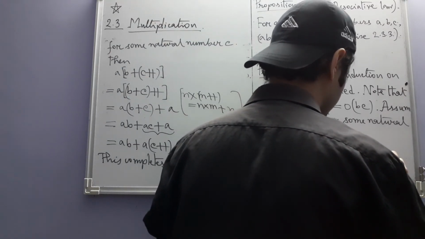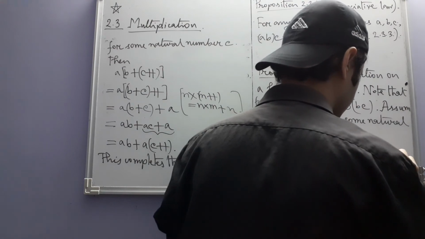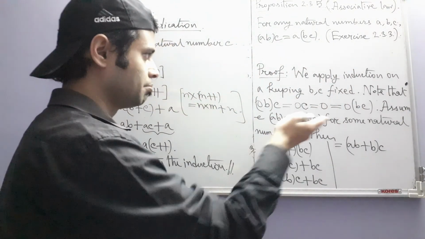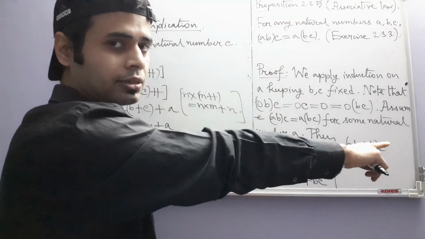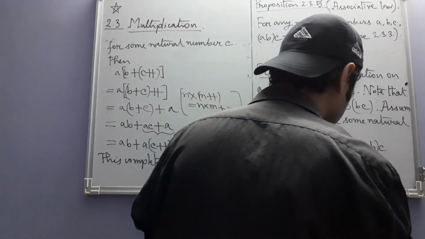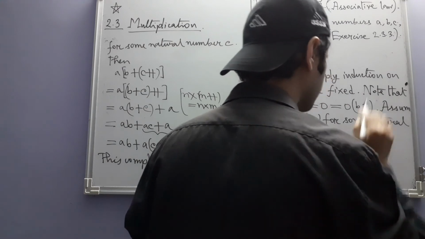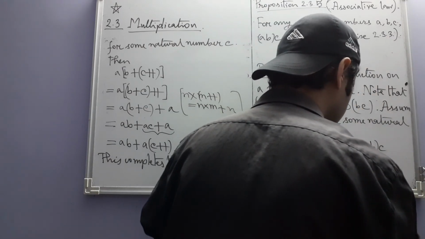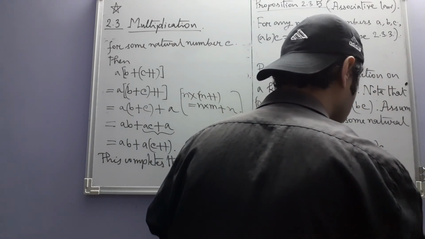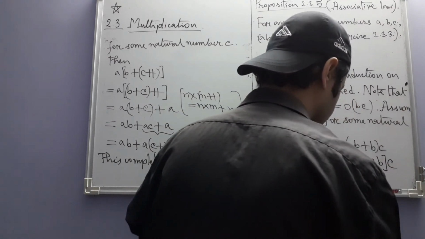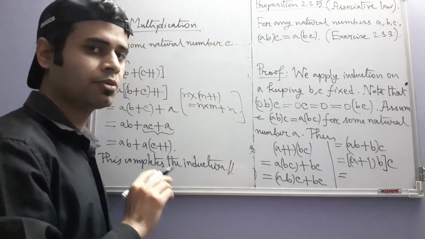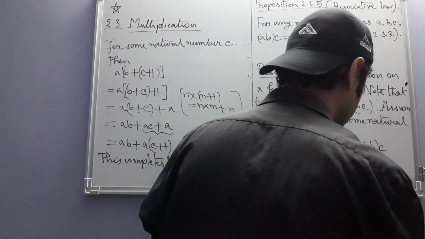AB plus B times C by the previous proposition, 2.3.4. You can write here. Again, I can use the previous proposition to write like this. There is a reason the distributive law comes before associativity.